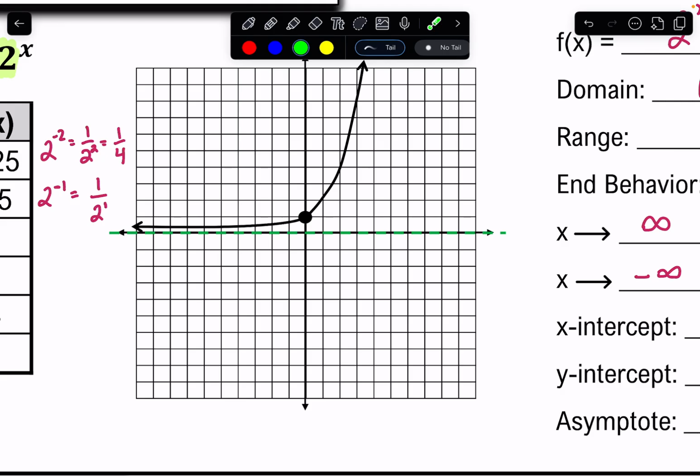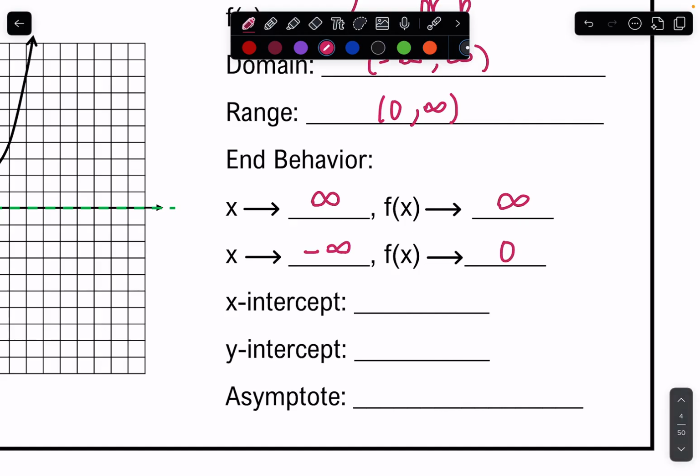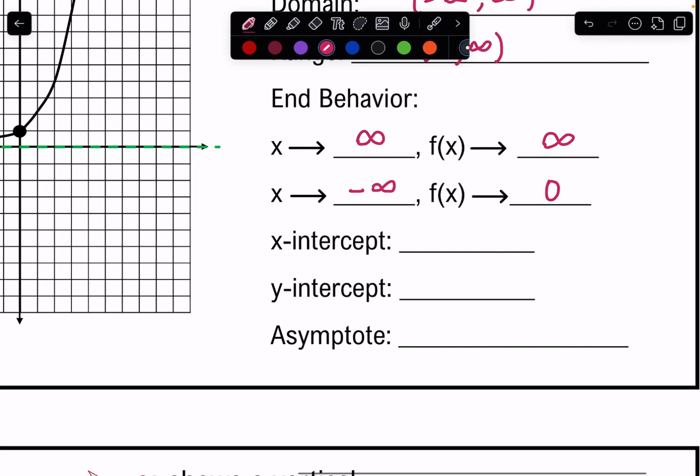So there's no way for me to approach negative infinity if I'm not even in this negative space down here. So we're going to say that f of x is now going to approach 0, and this is the first time we've seen something like this happen. Normally, especially with those polynomial functions, we got a positive infinity and a negative infinity, but now we don't. Now we see a number actually come into play.